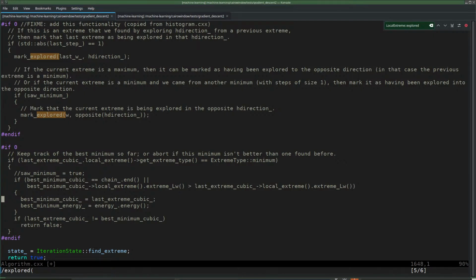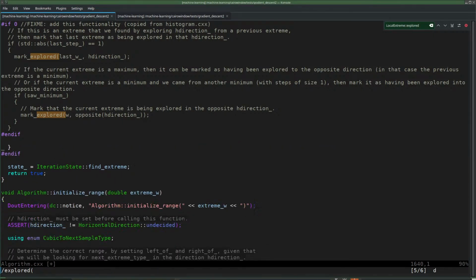Yeah, the best minimum, which I already do. We definitely handled this part. Oh, I didn't handle this. Oh, I totally did, sorry. This can be removed.